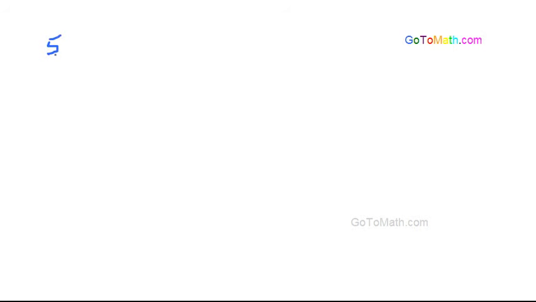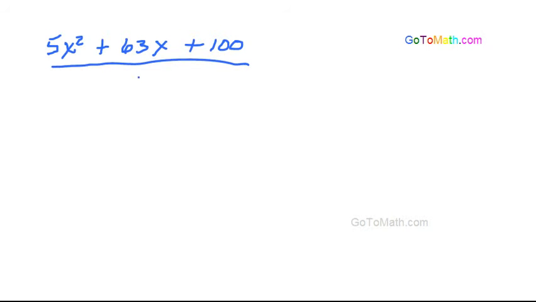So we have 5x squared plus 63x plus 100, and that's going to be all over 5x plus 8. Set that equal to 12 over 5x plus 8.